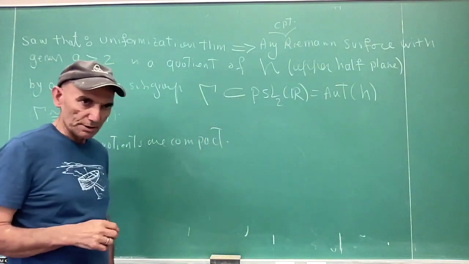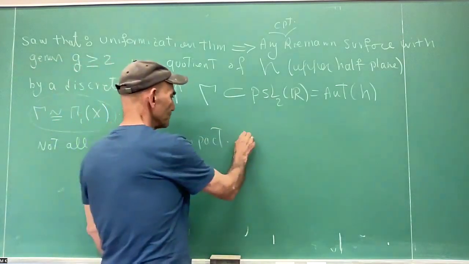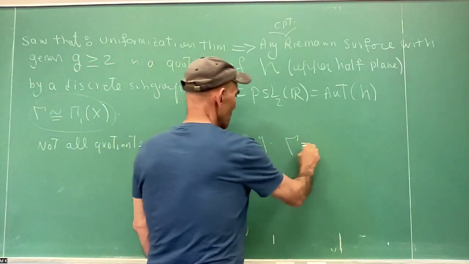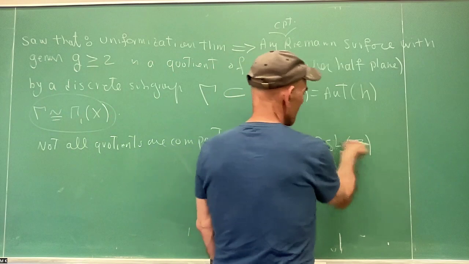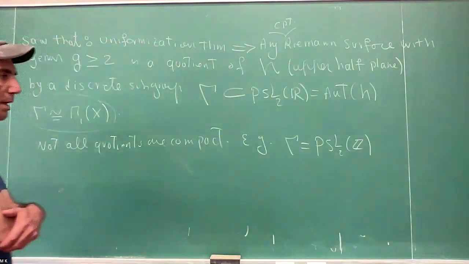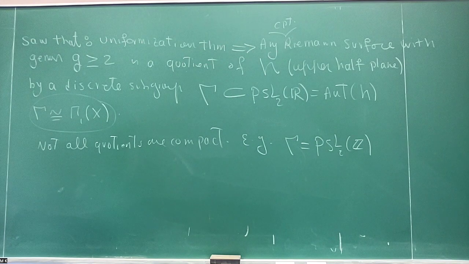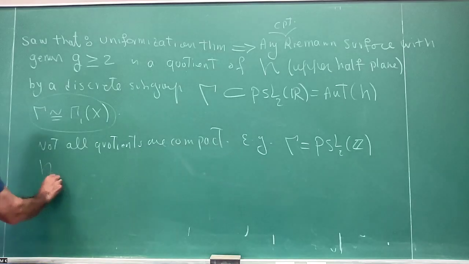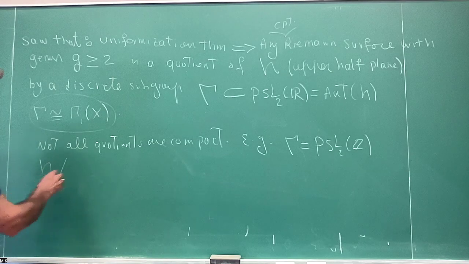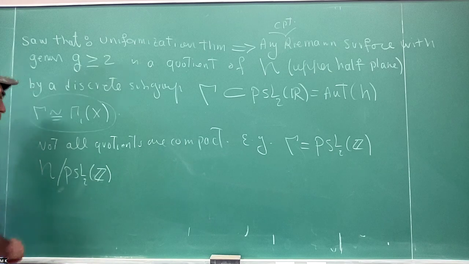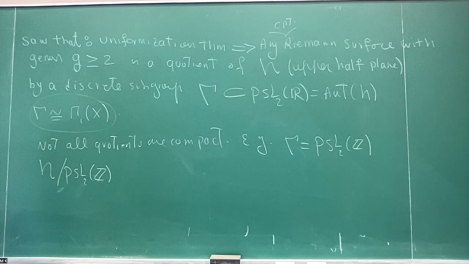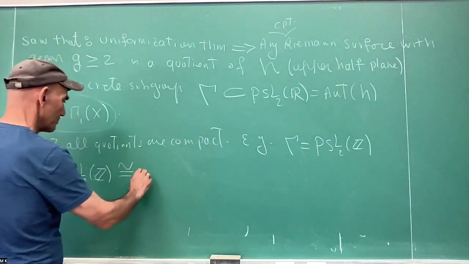So I started discussing a special case, which was if we take gamma to be PSL2 Z, which is unimodular integral matrices with determinant 1 divided by the center, then H divided by PSL2 Z, by this discrete subgroup, is something that's called the modular curve.